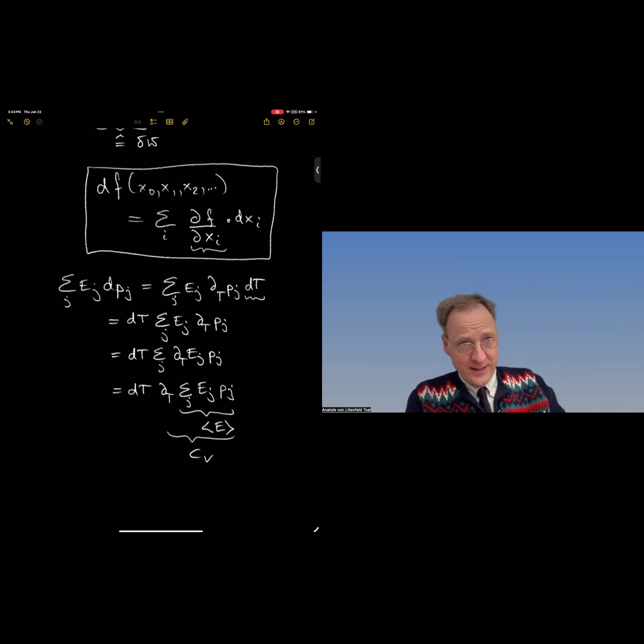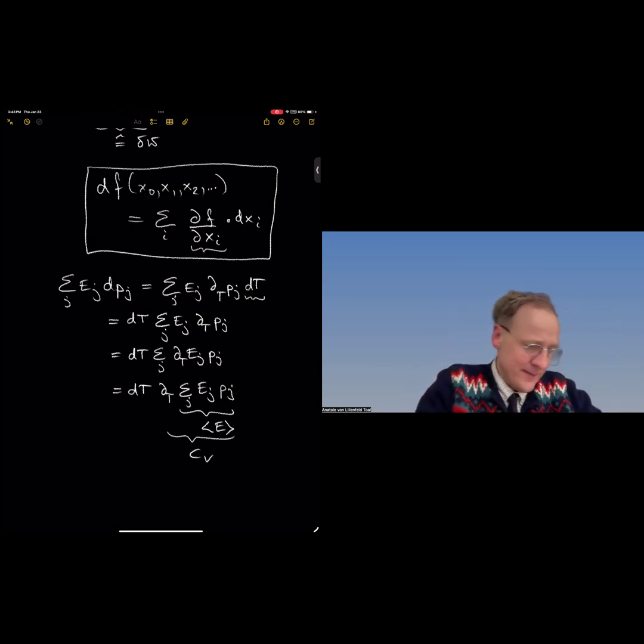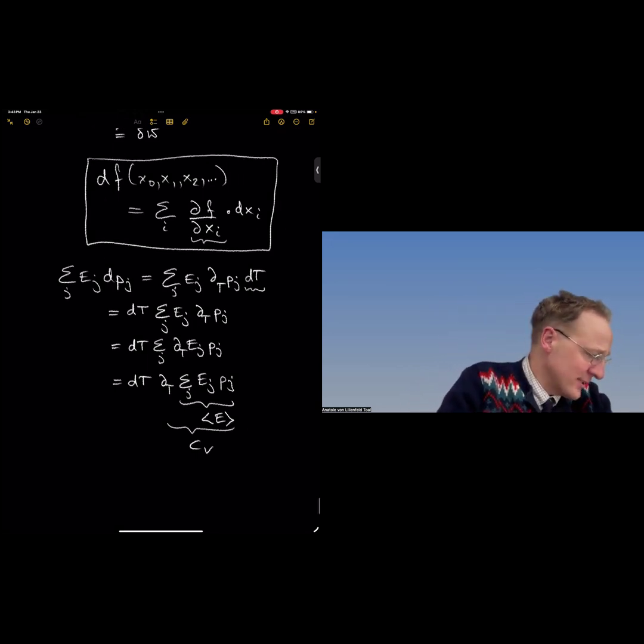The volume dependency was in the work term. Now the second term is at constant volume, right? In other words, the whole thing here is simply dT times Cv.